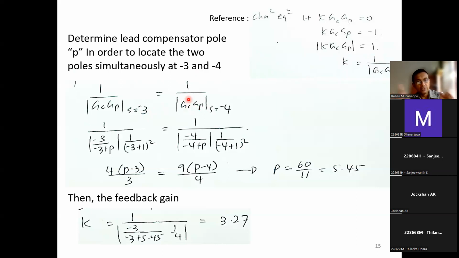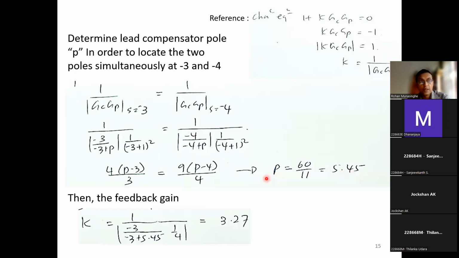With the same gain, you locate one pole at -3 and the other at -4. When you bring it down further, you get this equation, and finally your pole is to be located at 5.45. Okay, 5.45.